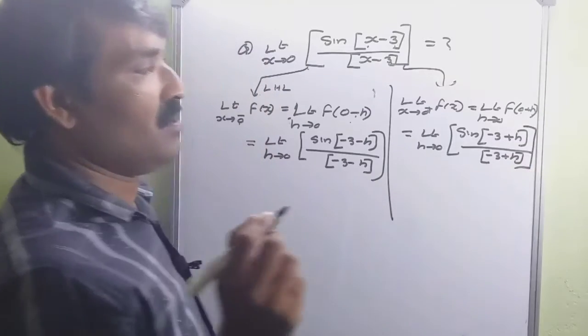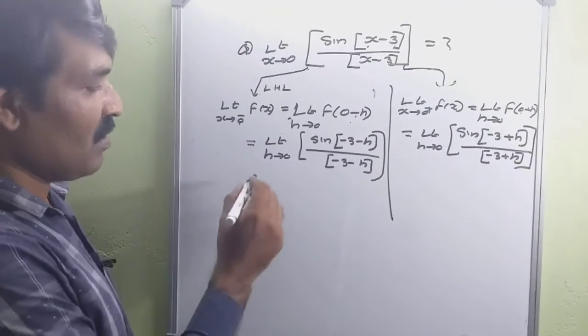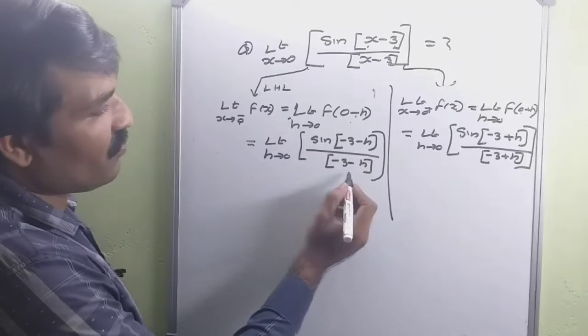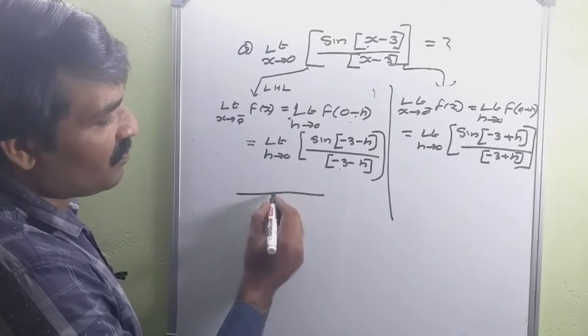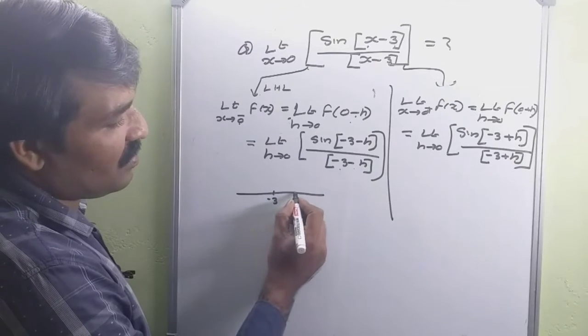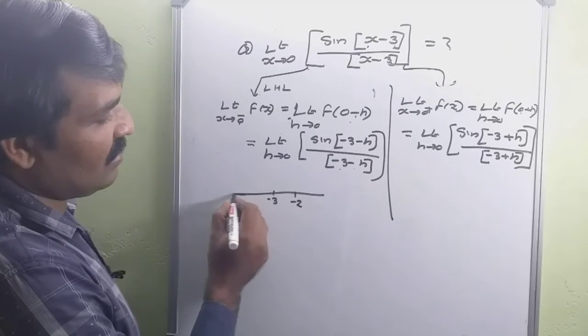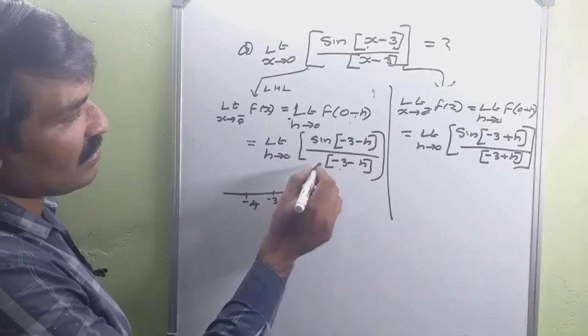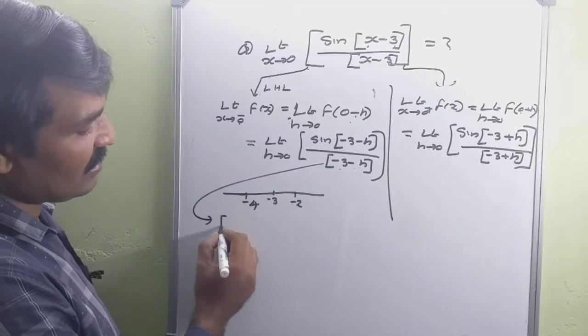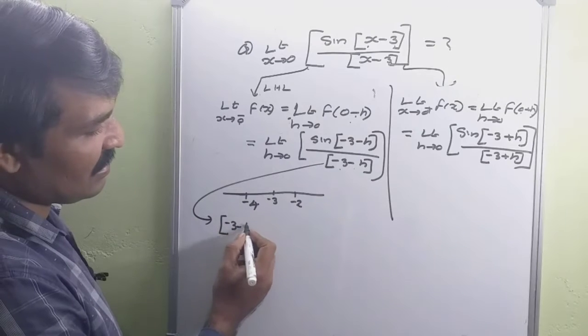Right. Now, what's the value of greatest integer function of minus 3 minus h? For the greatest integer function, on the number line we have minus 3, minus 2, and this is minus 4, right? Okay. Now, consider this case. That is greatest integer of minus 3 minus h.